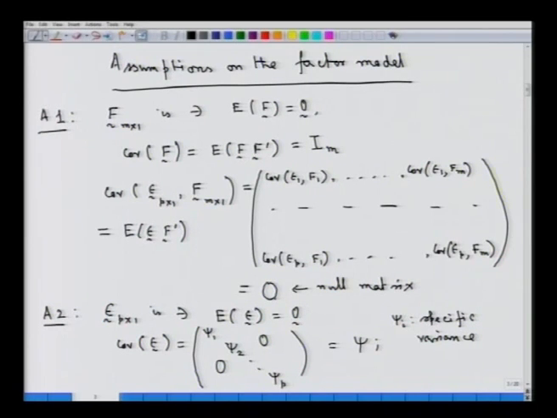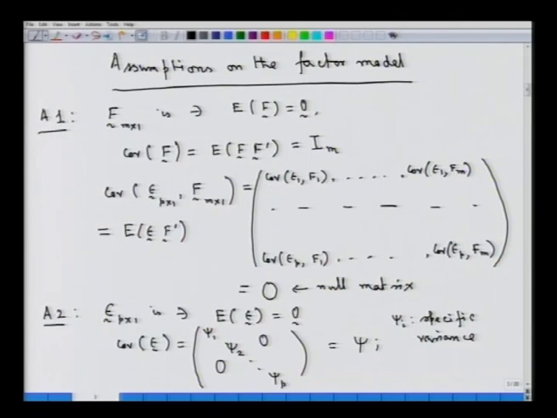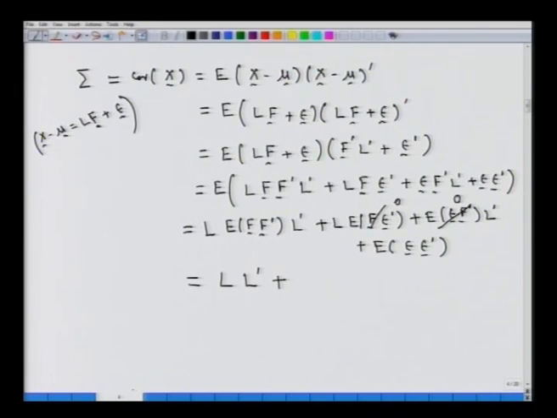By the assumption, this is a null matrix, and hence the covariance between F and epsilon is also a null matrix. So, this vanishes; this is equal to a null matrix, and so is the other one. What we have is the expectation of epsilon epsilon transpose, the expectation of epsilon being equal to 0. This is just the covariance matrix, so this is equal to the expectation of epsilon times epsilon transpose. So, this is equal to psi.